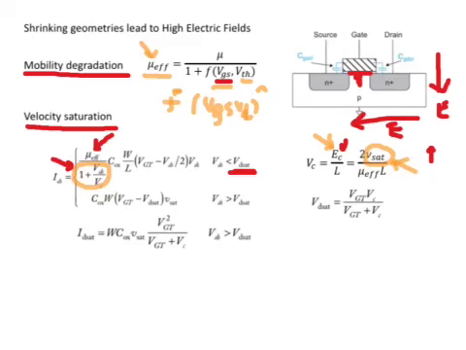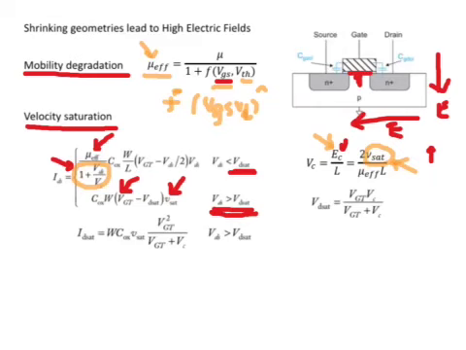But in the domain where VDS exceeds some saturation voltage, and this tends to be in the saturation region of operation of the MOSFET, the velocity is now saturated, and the current is now a linear function of VGT, that is the gate to source voltage minus the threshold voltage.